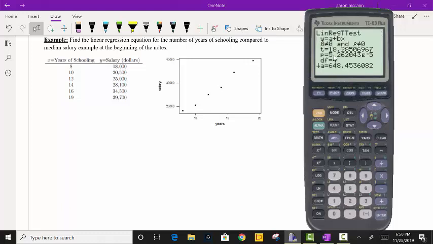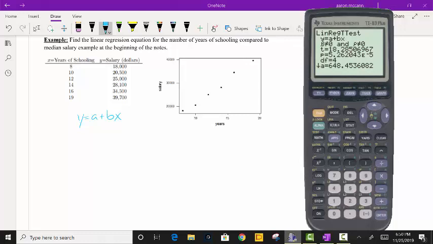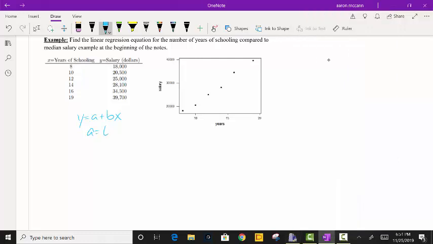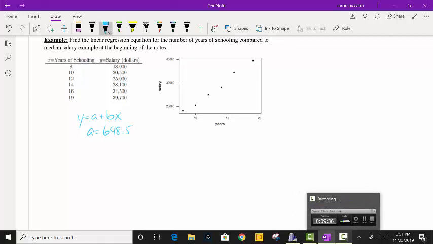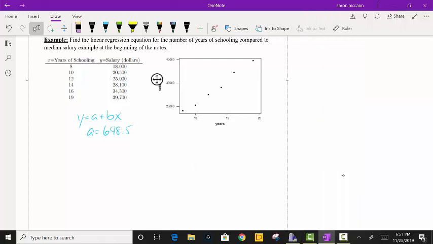And what you should notice is right up here at the top, it gives us y equals a plus bx. And if we scroll down, it gives us a and b. I'm not sure if you guys can see my mouse pad right here, but it gives me a is 648.5 and b is 2050. Let's just say 2050.